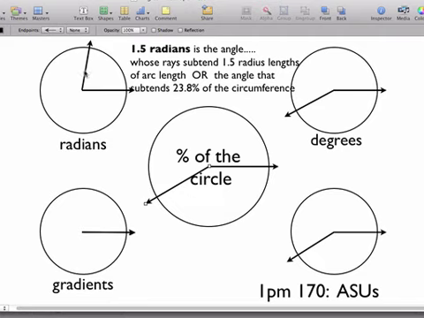What'd you do first? Okay, what percent of the circle? So we got 100 ASUs? And what percent of the circle did you get? 58.8%.